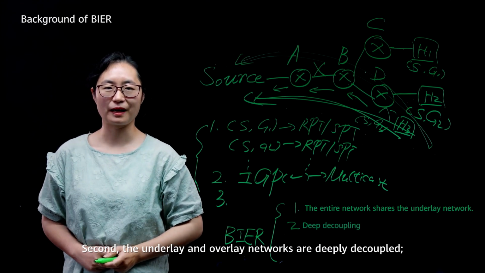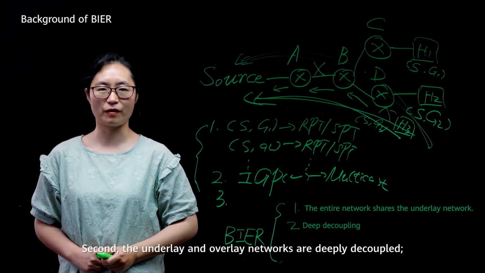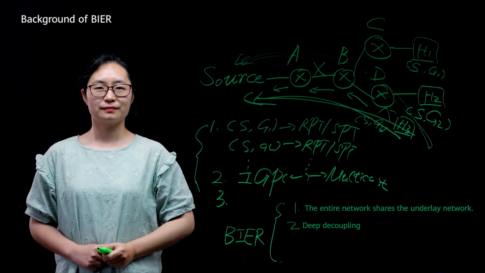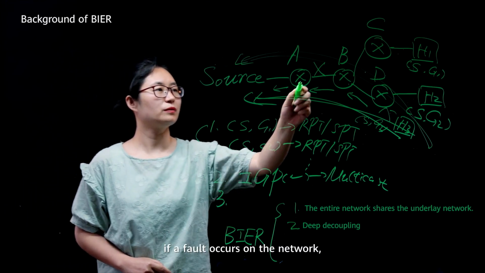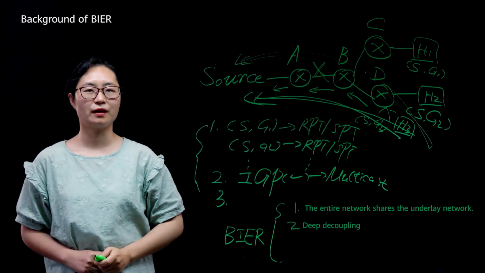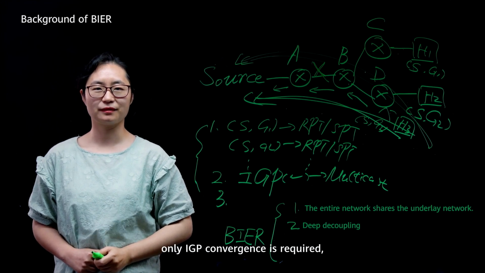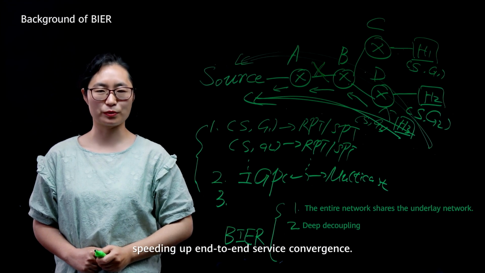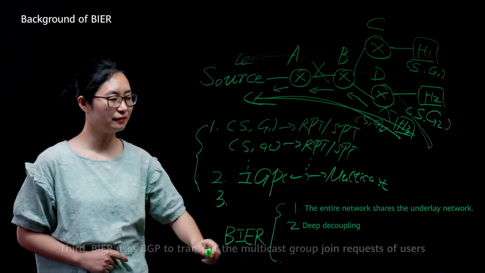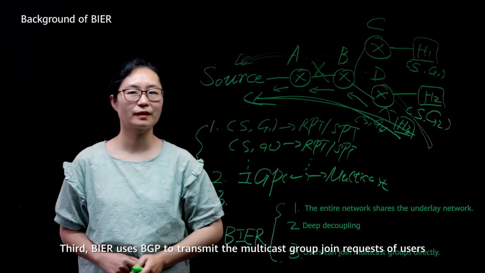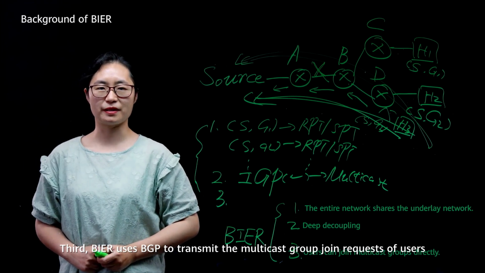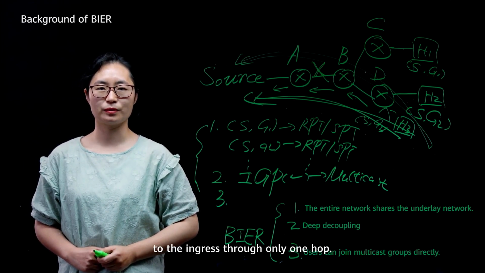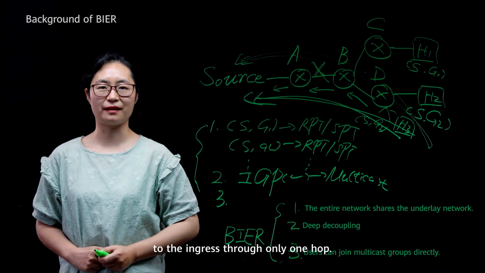Second, the underlay and overlay networks are deeply decoupled. If a fault occurs on the network, only IGP convergence is required, with multicast services unaware of the fault, speeding up end-to-end service convergence. Third, BIER uses BGP to transmit the multicast group join requests of users to the ingress through only one hop.